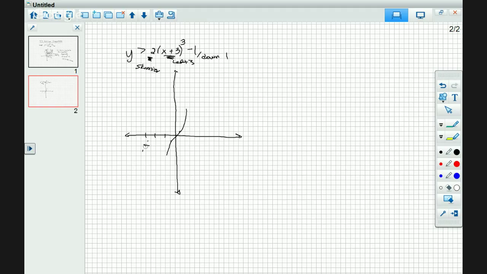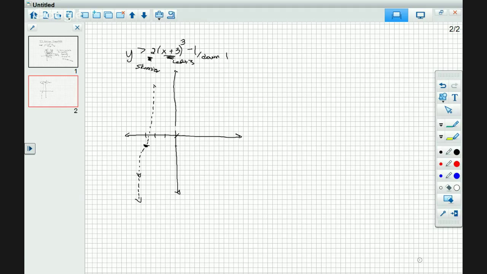And then this is going to be dashed. So it still follows that same pattern. It's just a little bit tighter. It almost looks like a vertical line.